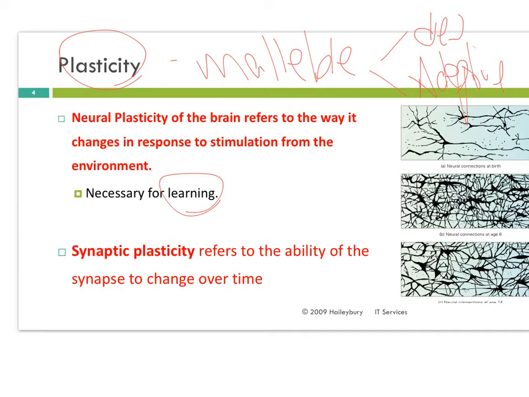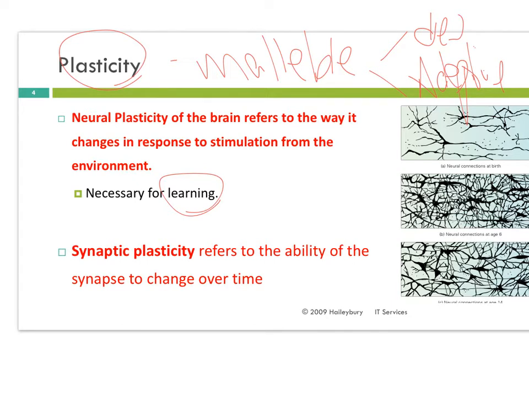So, plasticity is like an umbrella term, I suppose, that consists of LTP and LTD and how those structural and functional changes interact to allow us to unlearn information that's not necessary and learn new necessary information. So there are two types of plasticity.